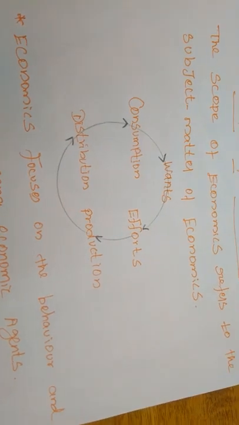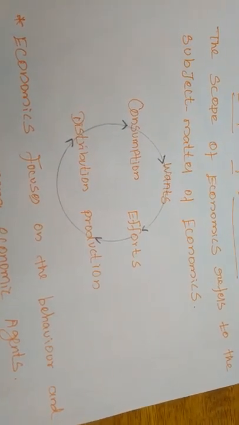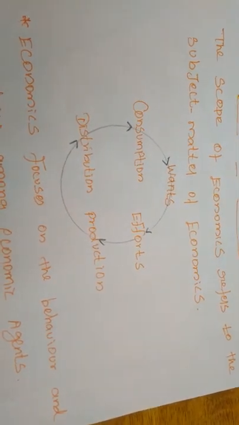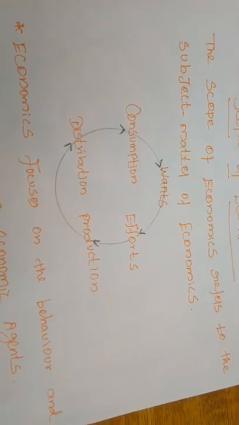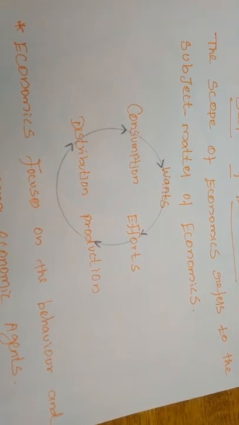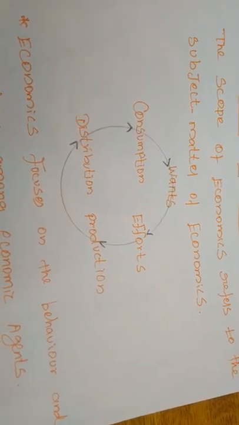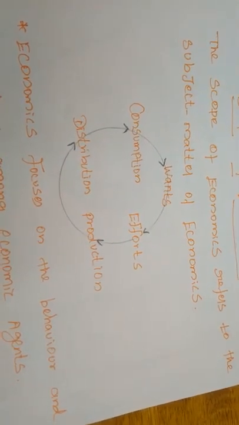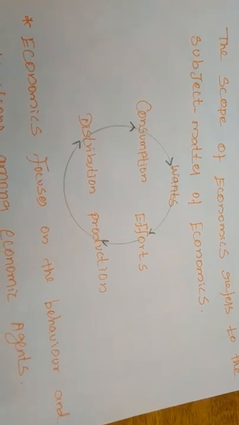Suppose they have a desire to consume a commodity; first we need money to purchase it. Only after purchasing that commodity can we consume it. So we need effort to purchase it, and we have to take more effort to satisfy the wants arising in our mind.